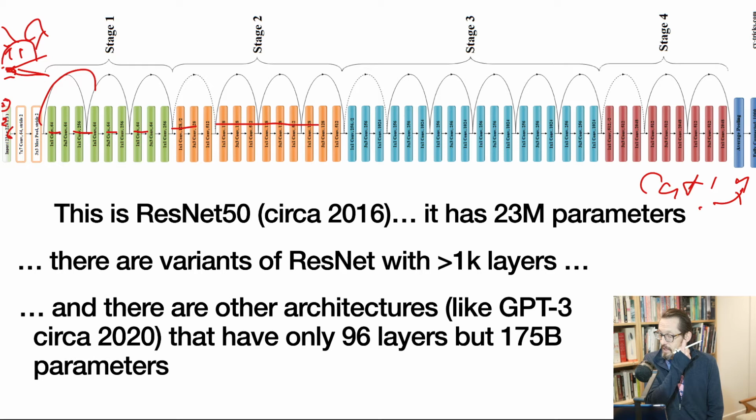Okay? And there are other architectures which are not quite as deep as ResNet, but they have just insane numbers of parameters, like 175 billion for the brand new GPT-3.